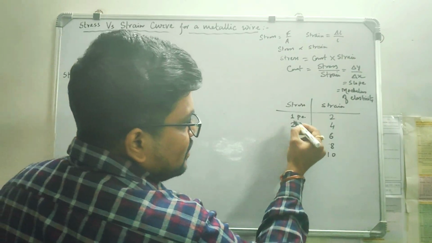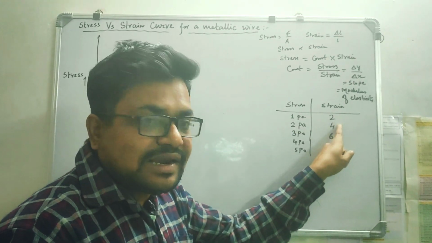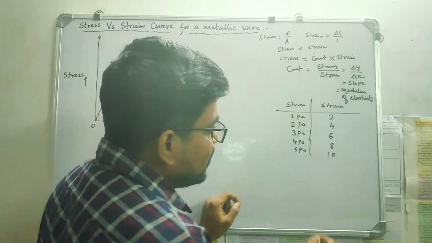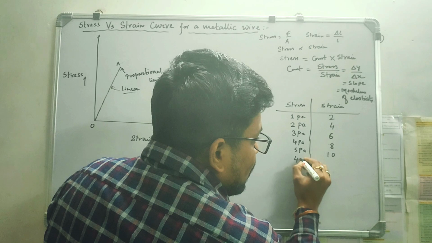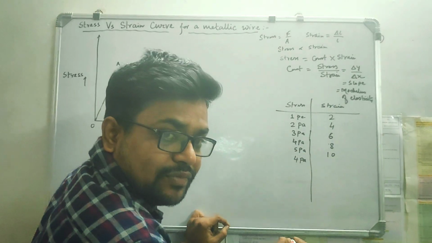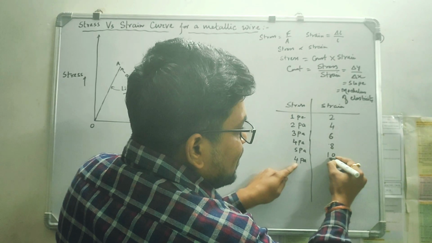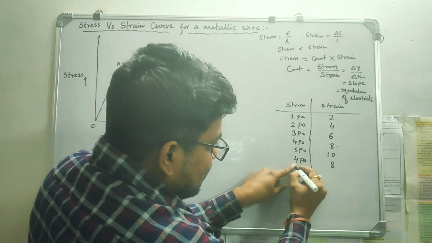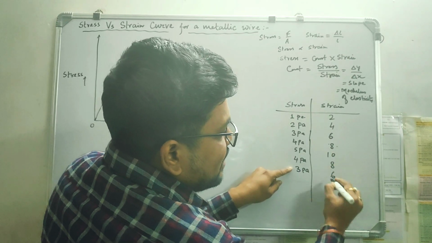As I said, when you apply force on a wire, its length increases. This is the increase in length, delta L. Now let us decrease the stress from 5 Pascal. When we go to 4 Pascal, if we decrease the force, the 10 will become 8 again. Are you getting my point? When we make it 3 Pascal, it becomes 6.